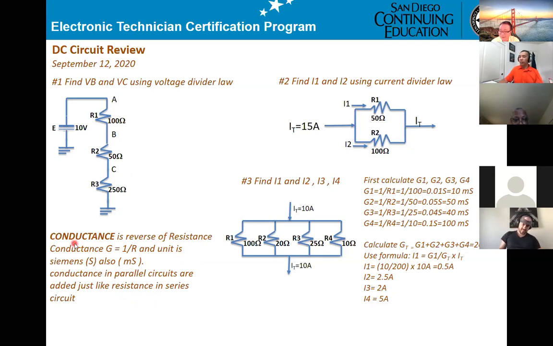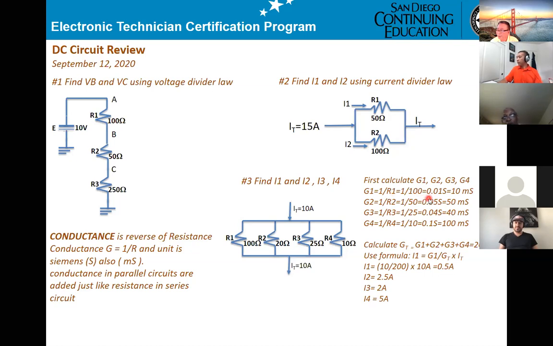Okay? So the easy way to do it, first thing you need to calculate the conductance. G total equals G1 plus G2, G3, G4. And G1 equals 1 over R1.